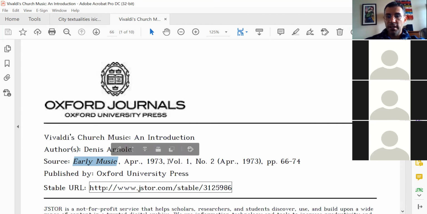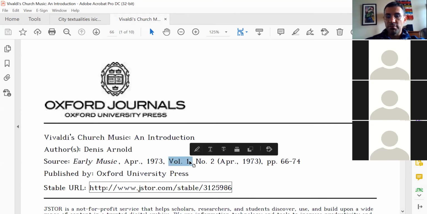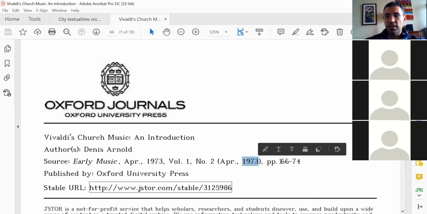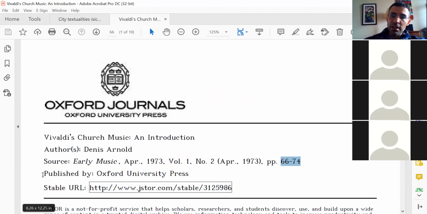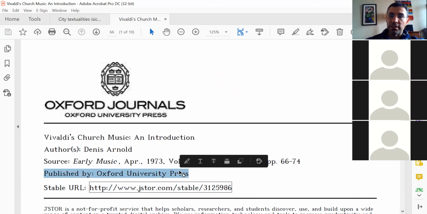Okay, there's the volume, there's the number. It's published in 1973, and there are the page numbers. Do you notice that we don't include the publisher when we are using a journal article. You only use the publisher for a book, not for a journal article.